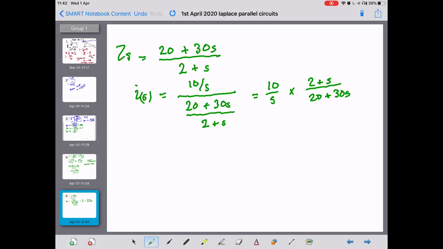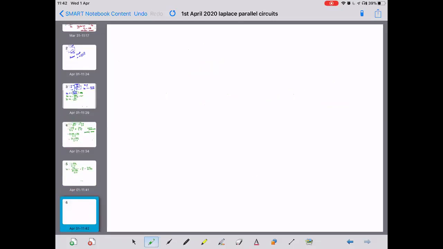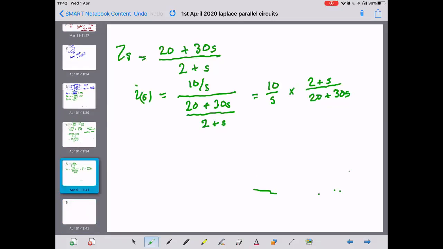Which you can then say is equal to 10 times 2 plus s over s times 20 plus 30s.